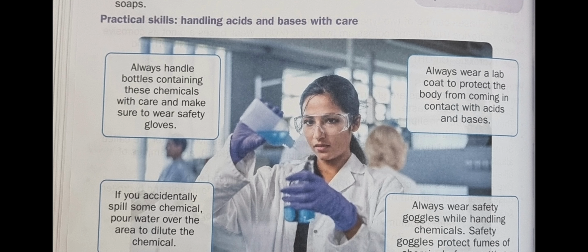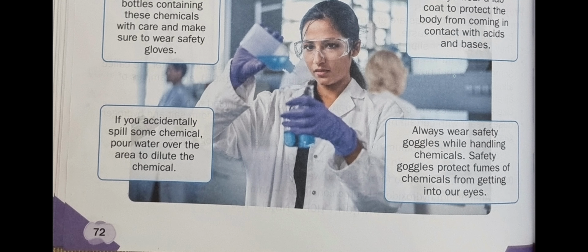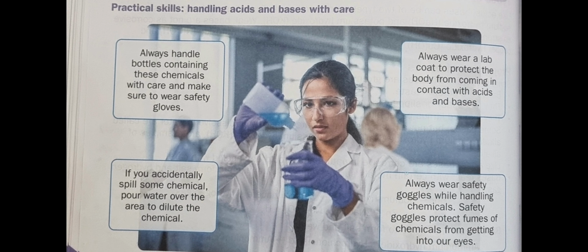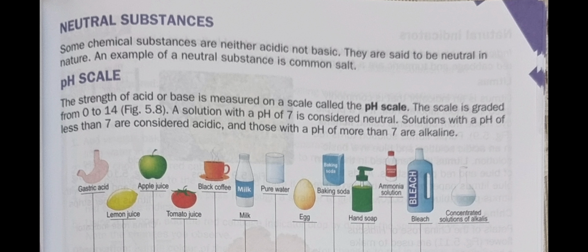And always wear a lab coat to protect the body from coming in contact with acid and base. And always wear safety goggles while handling chemicals. Safety goggles protect our eyes from the fumes of chemicals. So this is the protection when you are doing some work in the laboratory.